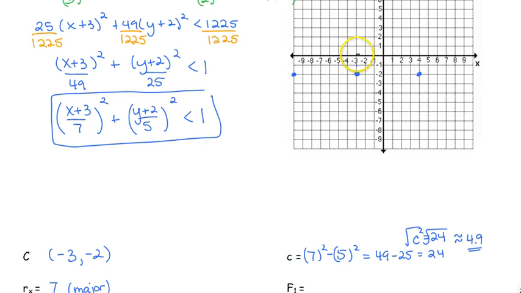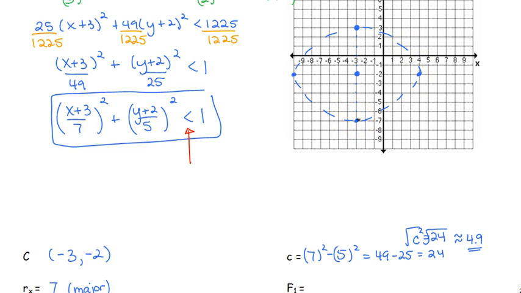So we go up 1, 2, 3, 4, 5. Down 1, 2, 3, 4, 5. Now if we look at our equation, or in this case our inequality, we have a less than sign. That means we're going to have a dashed line connecting our points on the outside. Now we've got our football shaped graph.